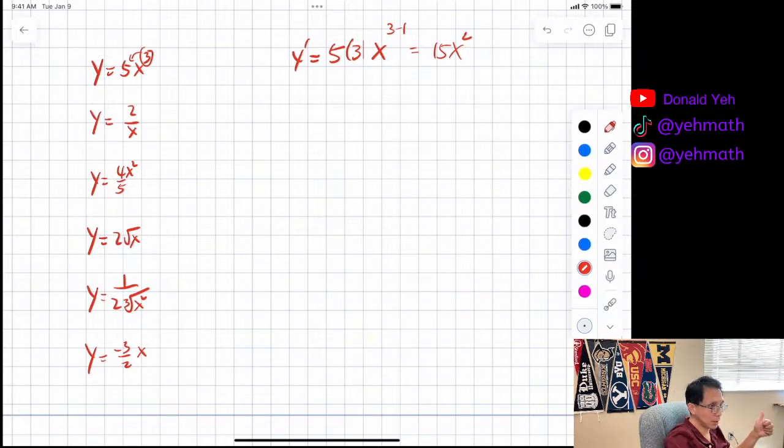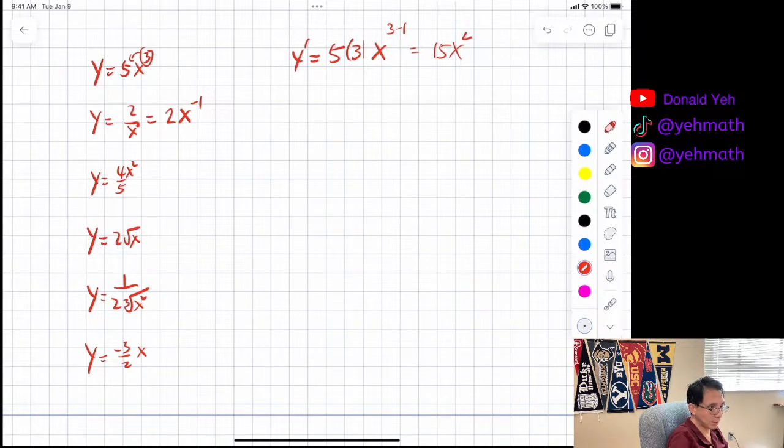Okay. Next one. I will have to rewrite this before I take a derivative though. Elaine, 2 over x. What do I have to rewrite it to before I take a derivative? Would be x with the power of -2? No. 2x to the power of -1, because this is a 1. This is a 1 that you're going to move up to become -1.